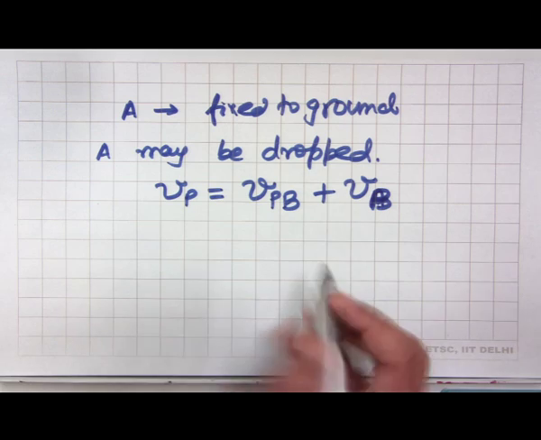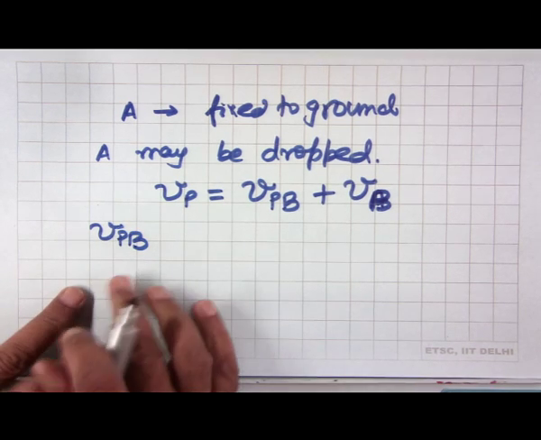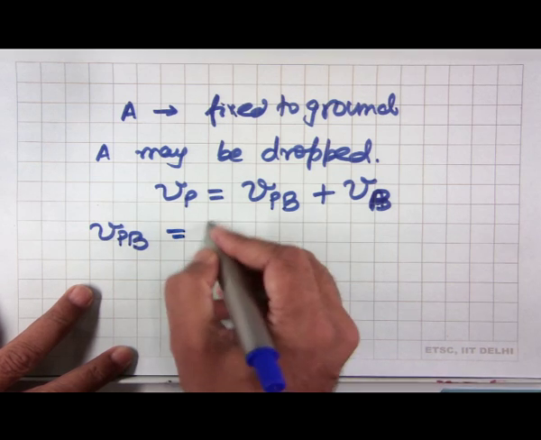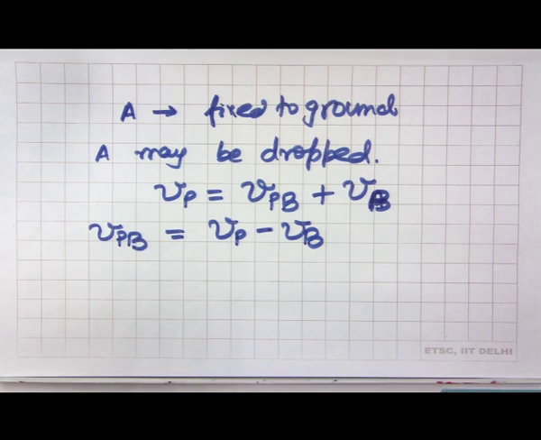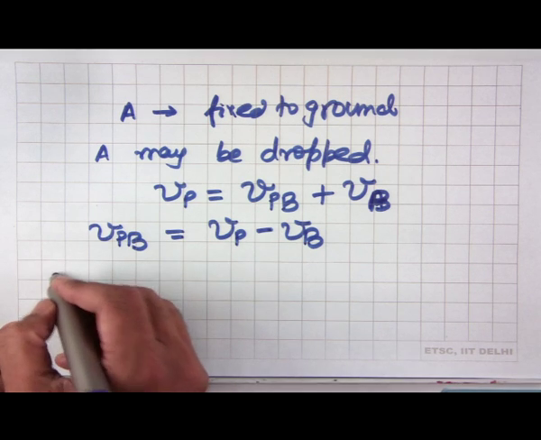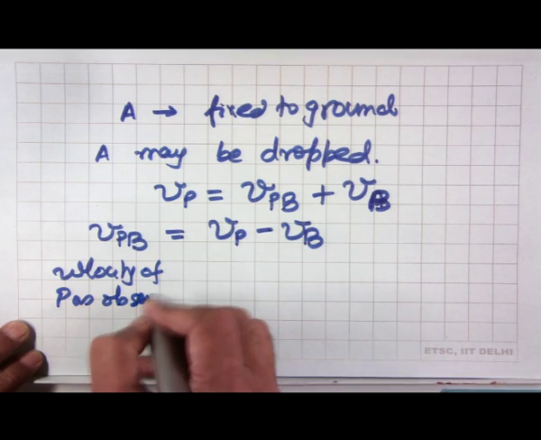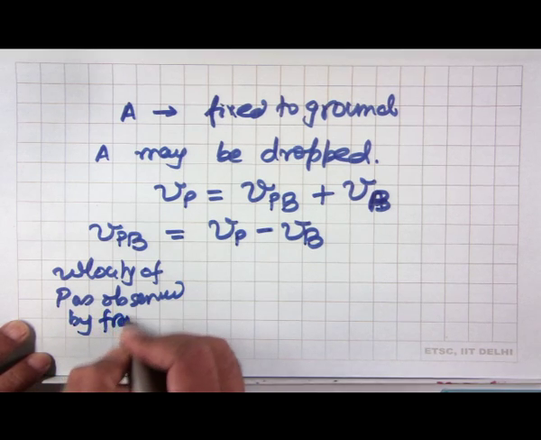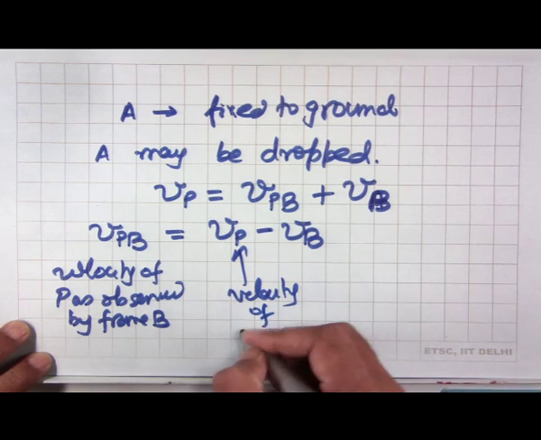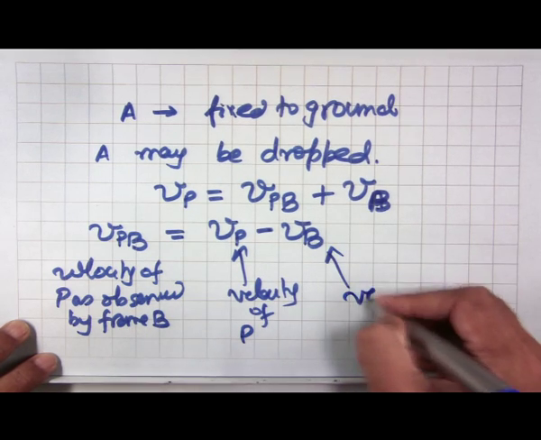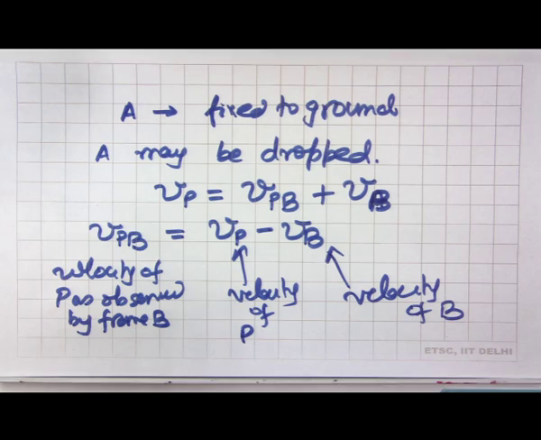So this gives us a relation that the velocity of P as observed by frame B is equal to the velocity of P minus the velocity of B, where if nothing is said, that means they are being measured with respect to ground.